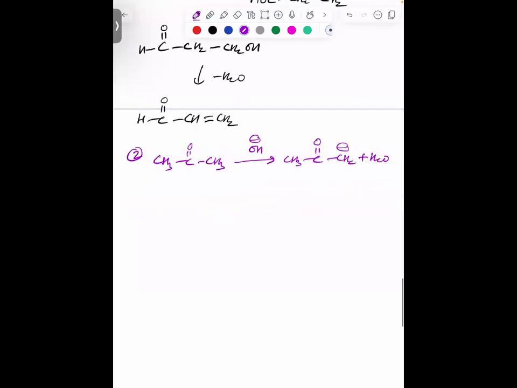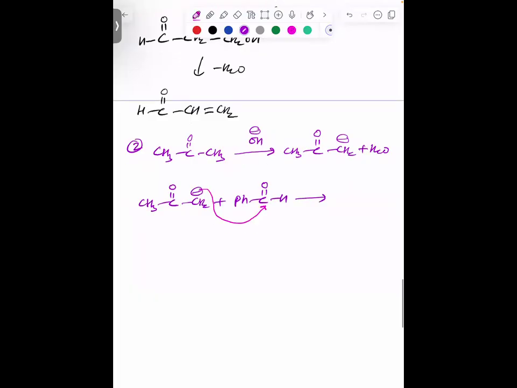Okay, so the carbanion formed acts like the nucleophile for the second reaction.